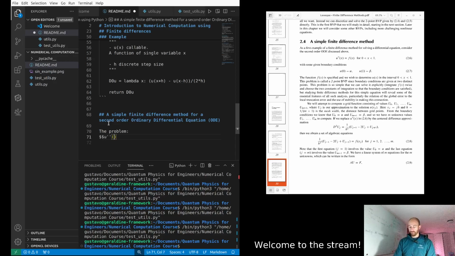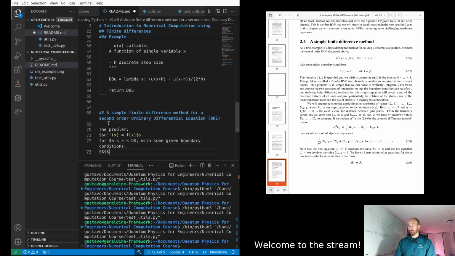It's u prime of x equals some function of x, for x in some interval, a less or equal than x less or equal than b, with some given boundary conditions, and those are that u at a is equal to alpha, and u at b is equal to beta. And I think that makes sense.